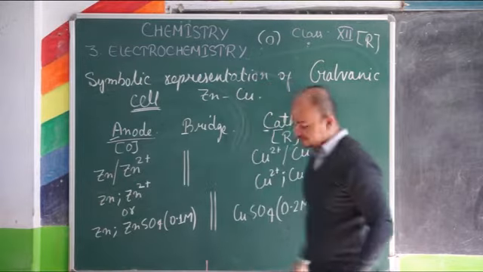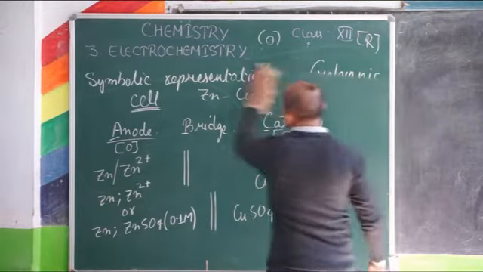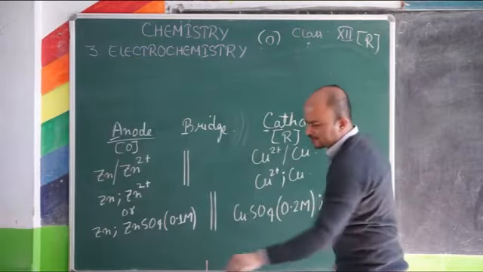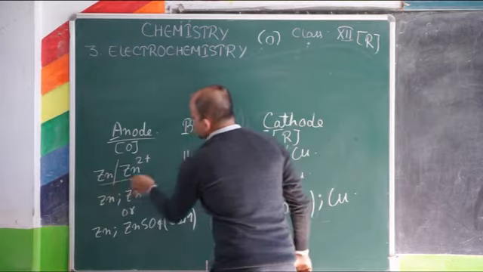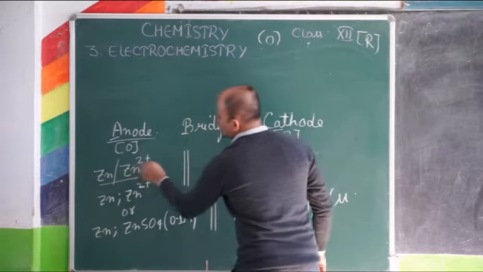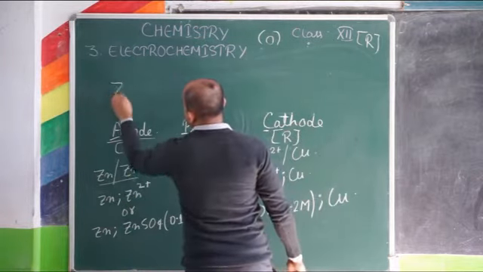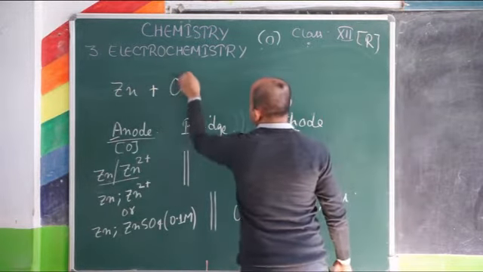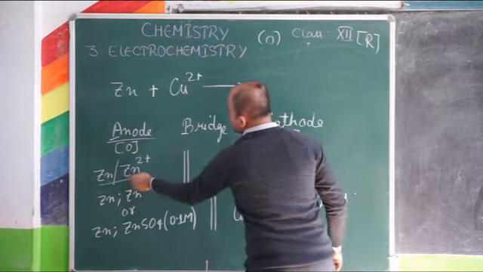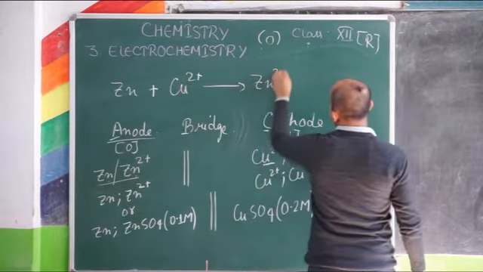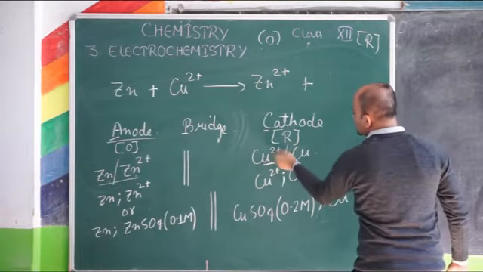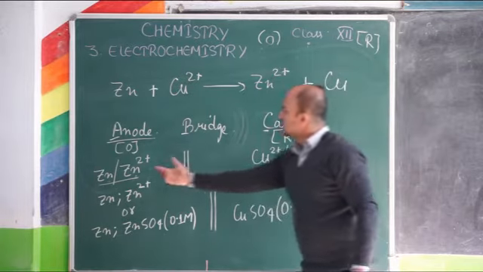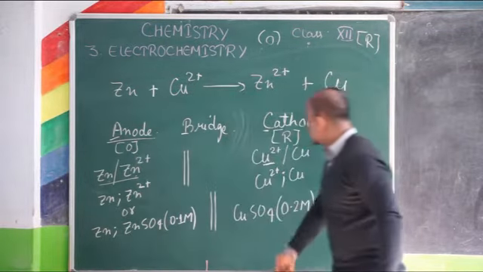Now from this you can get the chemical reaction. How does the reaction take place? Now see, from this notation, zinc is being converted to zinc ion. That means on the left hand side we have zinc reacting with copper 2 plus. Now this zinc is being converted to zinc ion Zn2 plus. Now this copper 2 plus ion is converted to copper, therefore copper has to be written here. This is one half cell, this is another half cell.